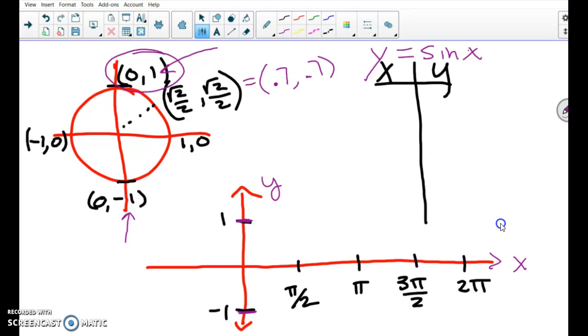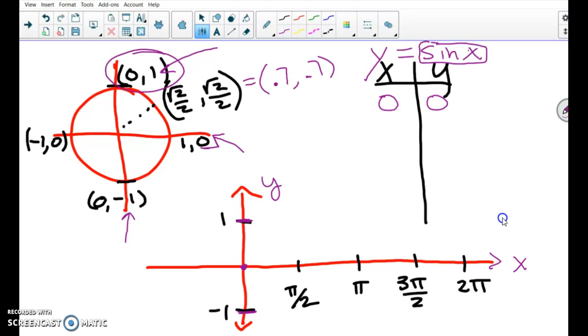So let's consider this. If we have the function y equals sine of x, when we allow x to equal 0, then we consider the sine of 0, and we go to our 0 angle, and we see that that y value is 0. So what we've done is come up with our first ordered pair, (0, 0).